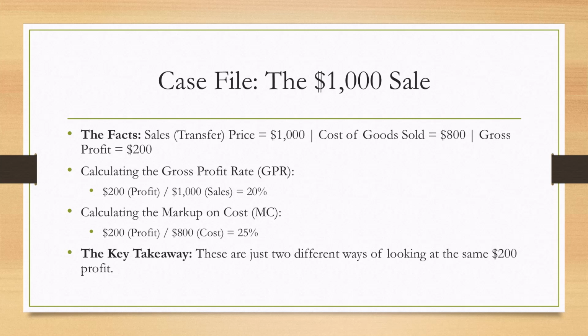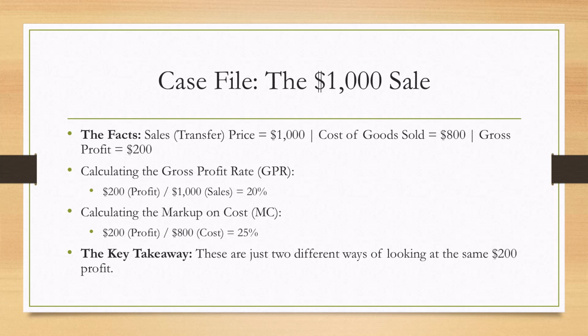Let's look at our first piece of evidence from the case file. We have an internal sale with a transfer price of $1,000 and an original cost of $800, giving us a $200 gross profit. If we apply our tools, the gross profit rate is $200 divided by the $1,000 sales price, which is 20%.